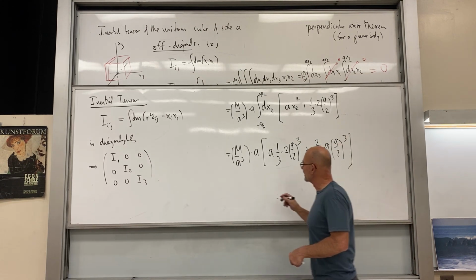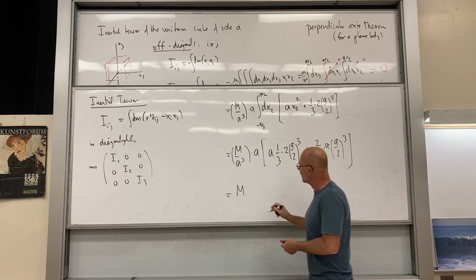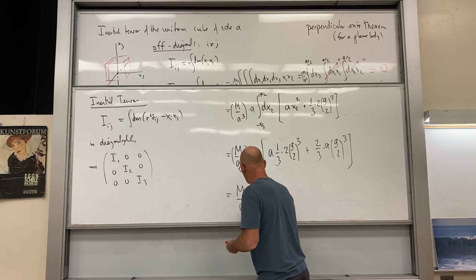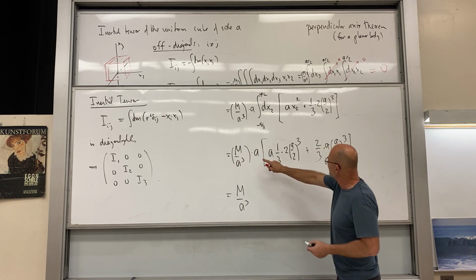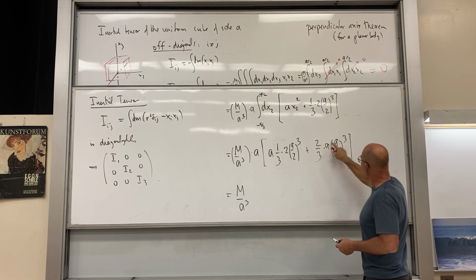So let's hope this comes out. We have m over a cubed, and our powers here, we have a squared times a to the 3rd, which is a to the 5th.